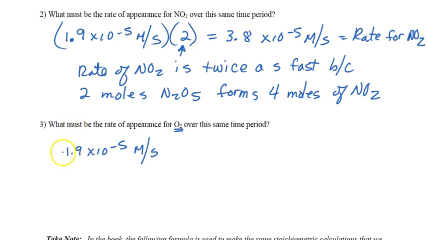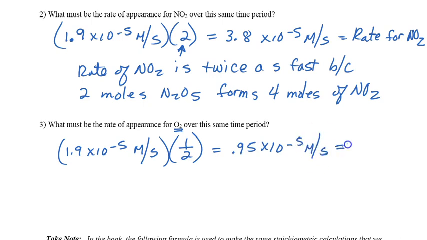So 2 moles to 1 mole, we actually need to cut it in half. So I'm going to multiply by a half, and we're going to get 0.95 times 10 to the minus 5 molarity per second. But let's change that into scientific notation. 9.5 times 10 to the minus 6 molarity per second. So that would be our answer there.